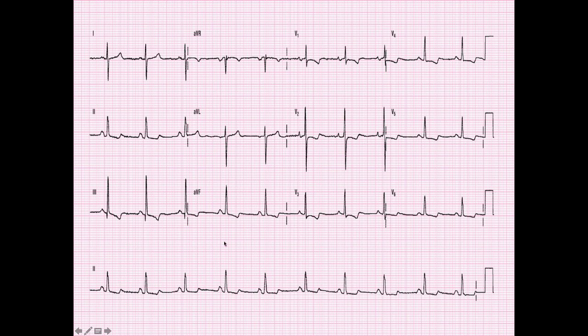Or excuse me, sorry, I led you down the wrong path. We're looking at AVL. AVL greater than 11. Nope. AVF is 20. Sorry. My bad. AVL greater than 20 in positivity? Nope. Lead 1 greater than 12 in positivity? Nope. So we don't have LVH. So no LVH, no left ventricular hypertrophy.